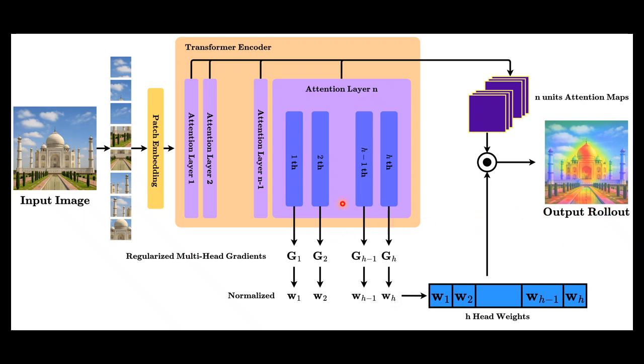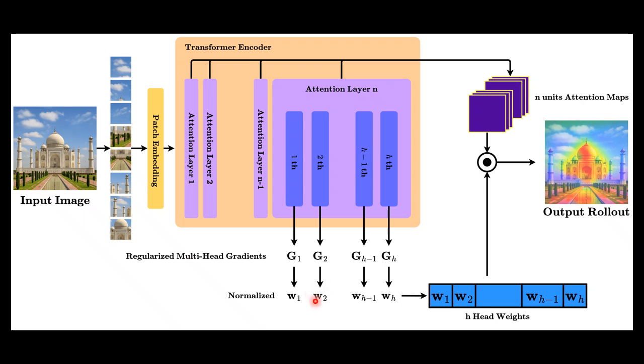So we take an input image, pass it to the model, calculate the output logits, and then backpropagate the gradients. If the gradient is high in a certain attention head, that means that attention head is more sensitive to the output. In other words, that attention head is carrying a lot of hard work, and as a result, it must be given a higher weight.